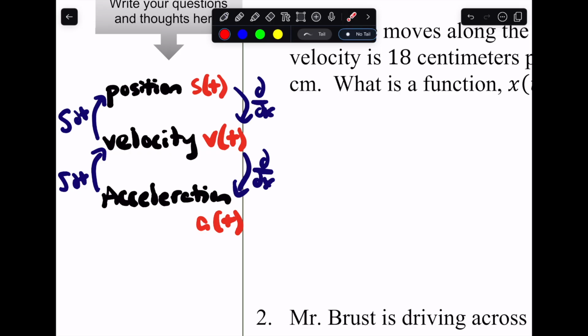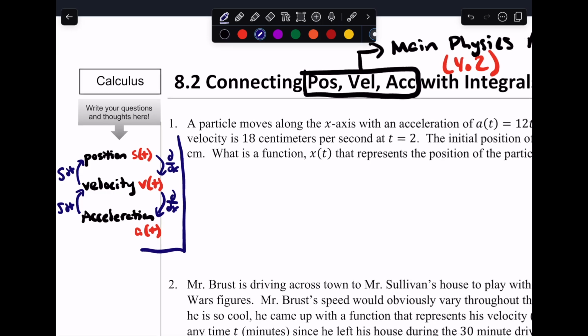This means position is the second antiderivative of acceleration, while acceleration is the second derivative of position. This relationship works in both ways, which is useful. Let's jump into some examples.